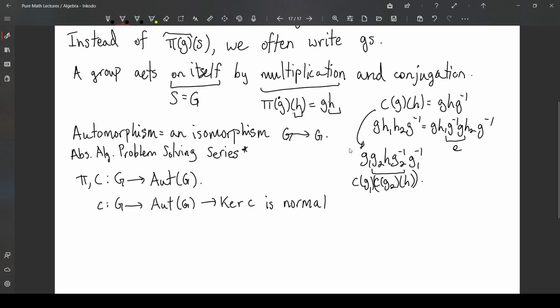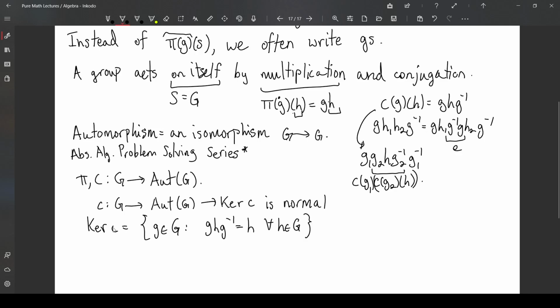Now, what is the kernel of C? The kernel of C is the set of g in G such that g h g inverse is equal to h for all h in G. Okay, so why am I saying this?